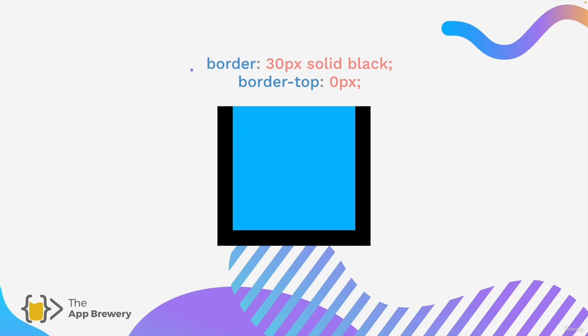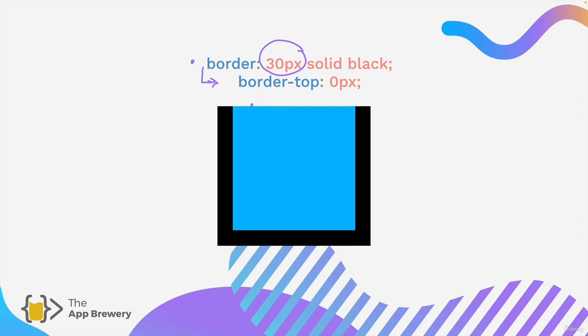Now, once you've defined a border, you can further modify it with more specific rules. So for example, in this case, I've got an all round 30 pixel solid black border around my element, but then afterwards on the next line, and this is very important where this line goes, it has to go after the point where we've created the border.